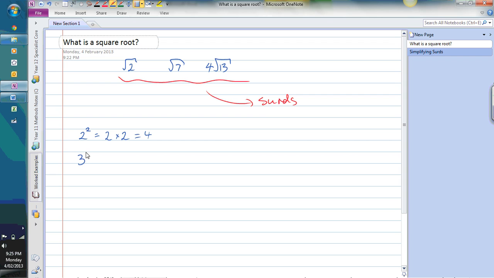Similarly, if we take 3 squared, that means 3 times 3, or 9. If we took 9 squared, for example, that would mean 9 times 9, which is 81. So this is what squaring is. Going from this number here to that number there is squaring.